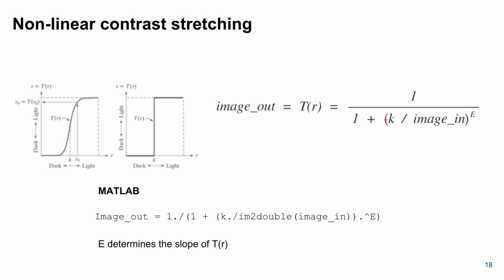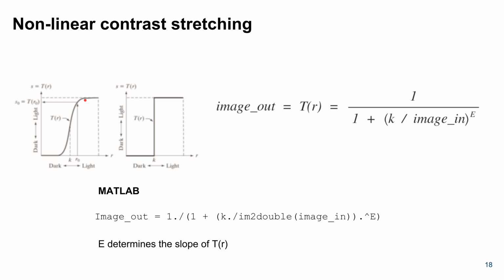Sorry, k is a parameter that we choose, and e is another parameter that we have available to us. That's going to determine the slope. So this function, if we plot it, looks something like this.